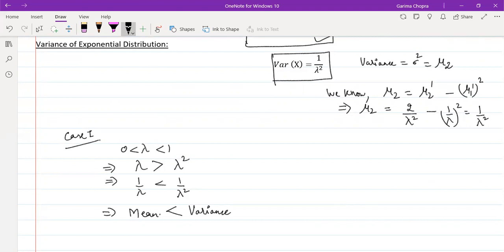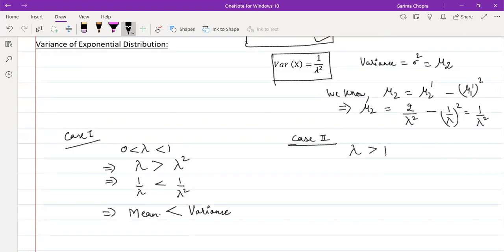Now, in the second case, let us consider that lambda is greater than 1. We are considering lambda greater than 1 because if lambda is equal to 1, then both mean and variance will be equal.